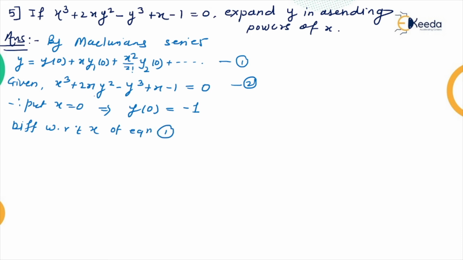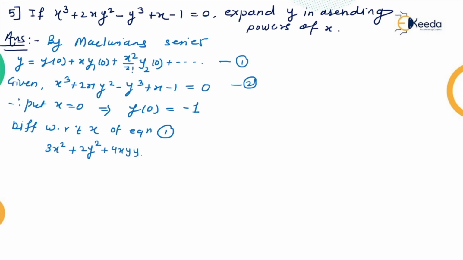Taking the differentiation of equation 2, x cubed differentiates to 3x squared, plus 2xy squared, where y squared is a constant, plus 4xy y1.